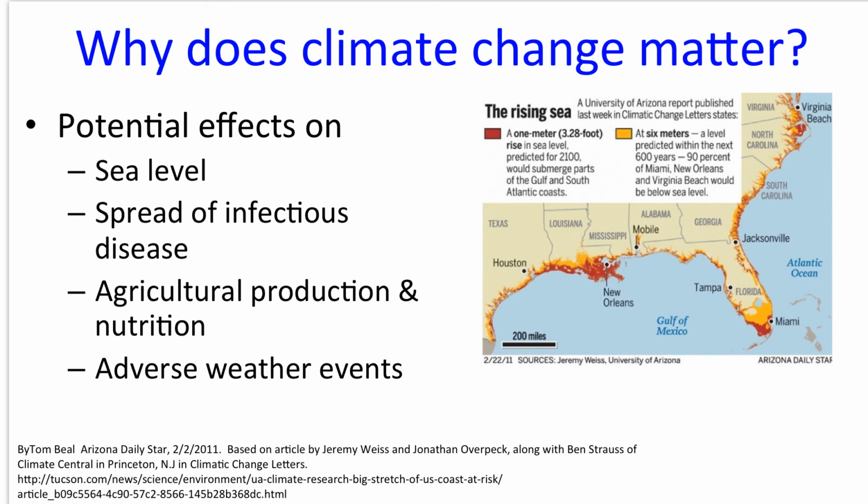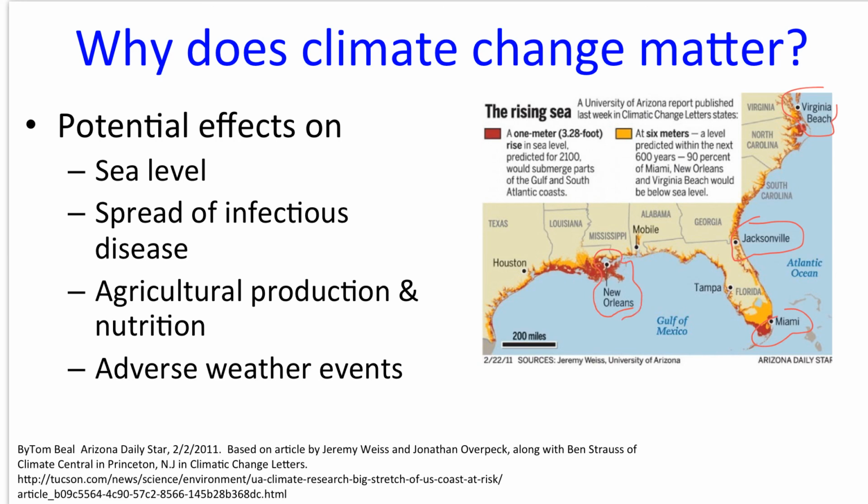And you can see there's a large portion of the coast of eastern North America that would be affected. And there's some major metropolitan areas, especially Miami and Virginia Beach, and maybe Jacksonville here, that would also be substantially impacted. On the Gulf, you can see that New Orleans would be hugely impacted.